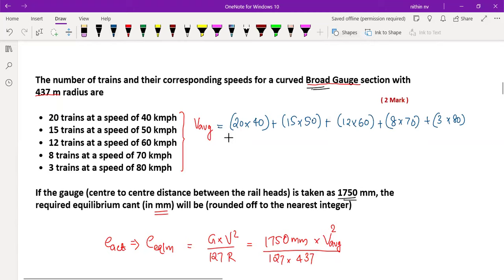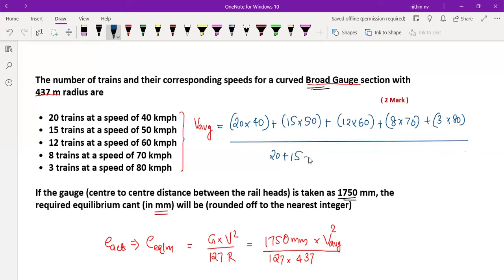Okay, now all these trains are having their own speeds, so we multiply with their corresponding numbers, and then we need to divide with the total number, right? So 20 plus 15 plus 12 plus 8 plus 3. This is what we mean by the weighted average when they are giving multiple numbers or corresponding quantities of various values. This concept we can use in many contexts, not only for calculating this average speed, for anything, right? Weighted average we call.